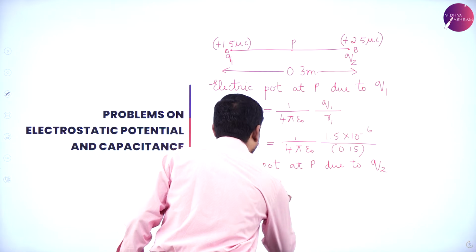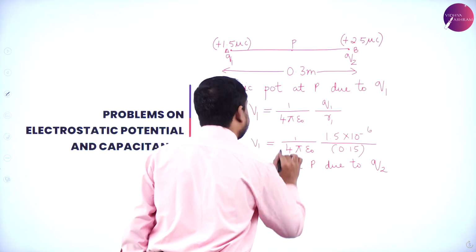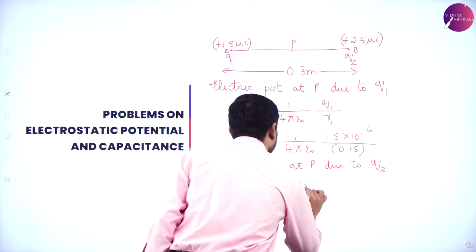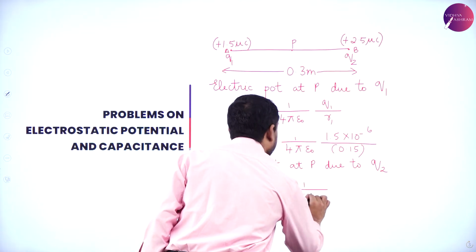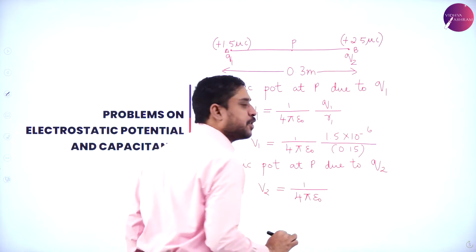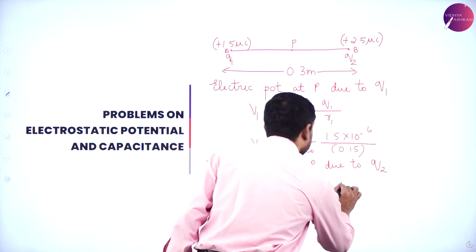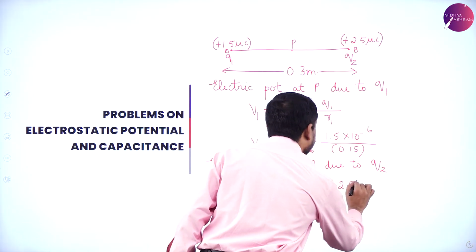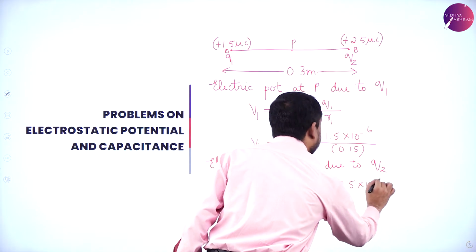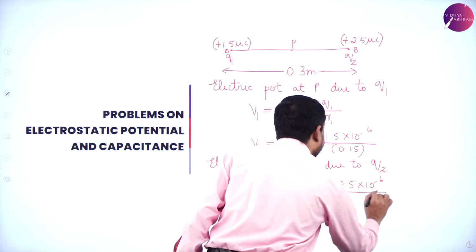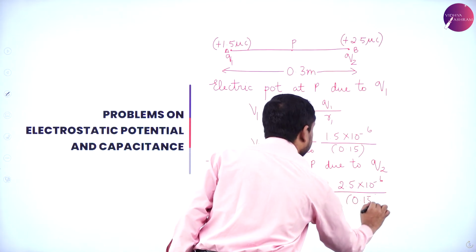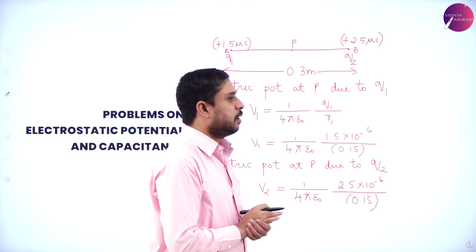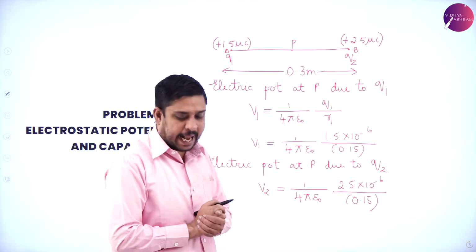So, V2 is equal to 1 by 4 pi epsilon naught, 2.5 into 10 power minus 6, again 0.15.